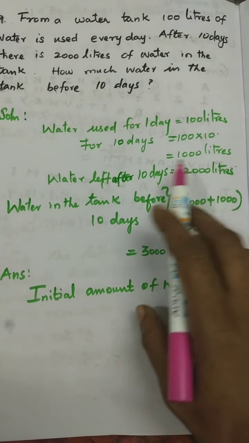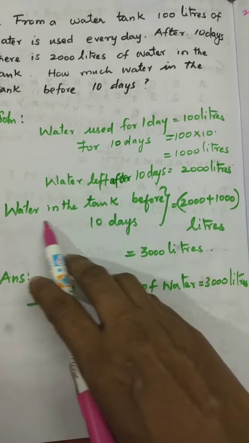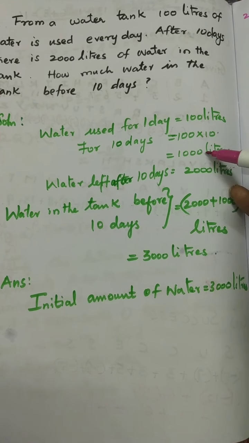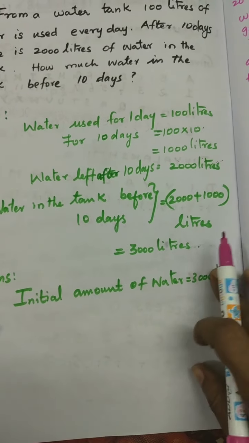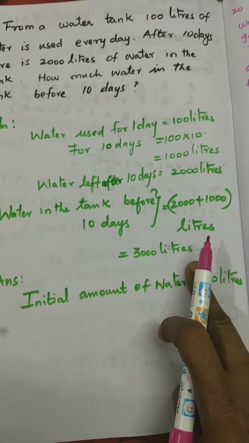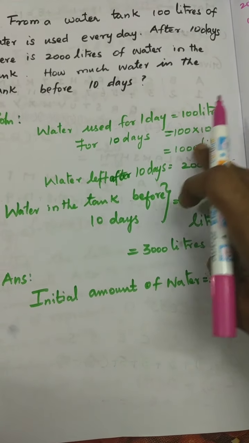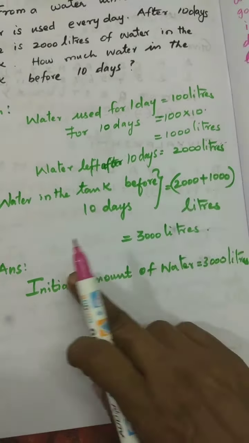Then after 10 days they have 2000 liters. They spent 1000 liters, so I am adding 2000 plus 1000 liters. That is 3000 liters. After the 10 days they used 1000 liters, the remaining water is 2000. So the initial amount of water in the tank, the water level at first, is 3000 liters.